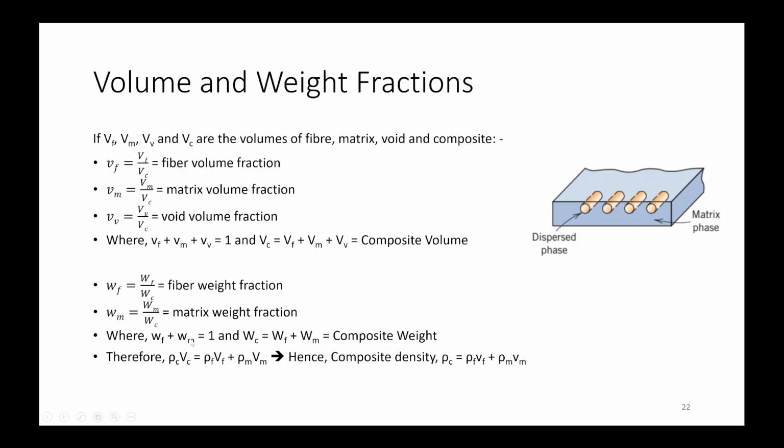Using this, we can write weight in terms of density times volume. So we can get the density of composite, rho C, equal to rho F VF plus rho M VM, where V is the fraction.